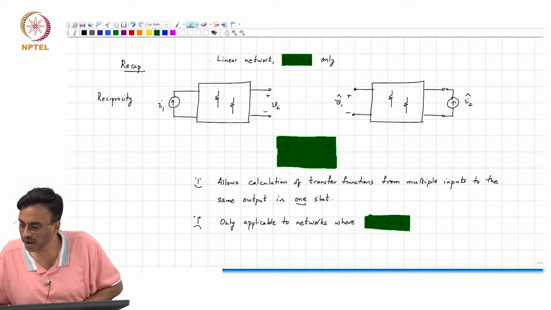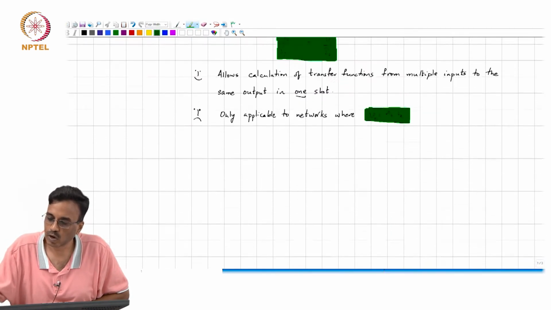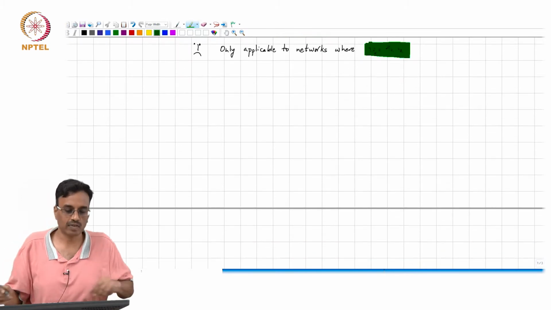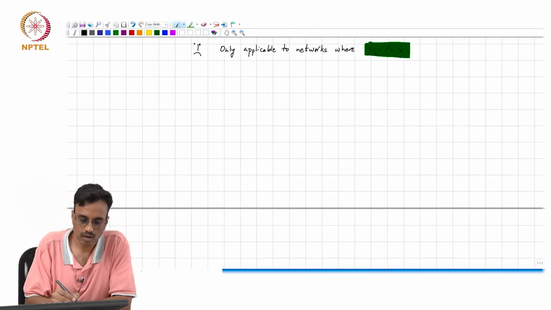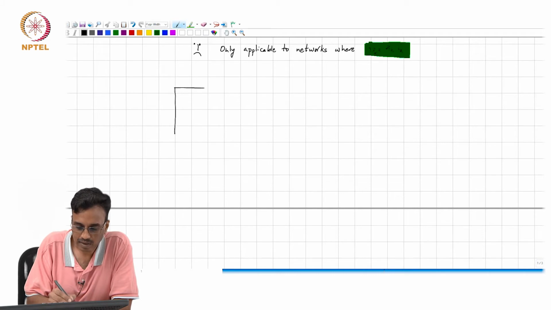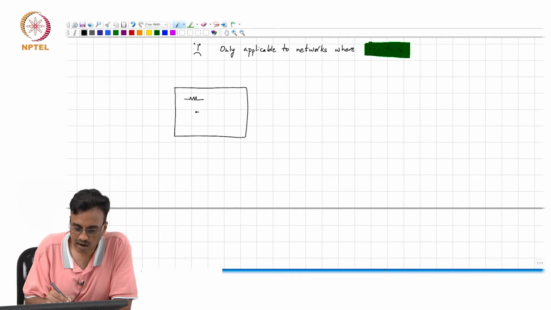So, one way around it, as we saw last time, was to recognize that the problem with reciprocity occurred only as far as the branches where you have controlled sources.